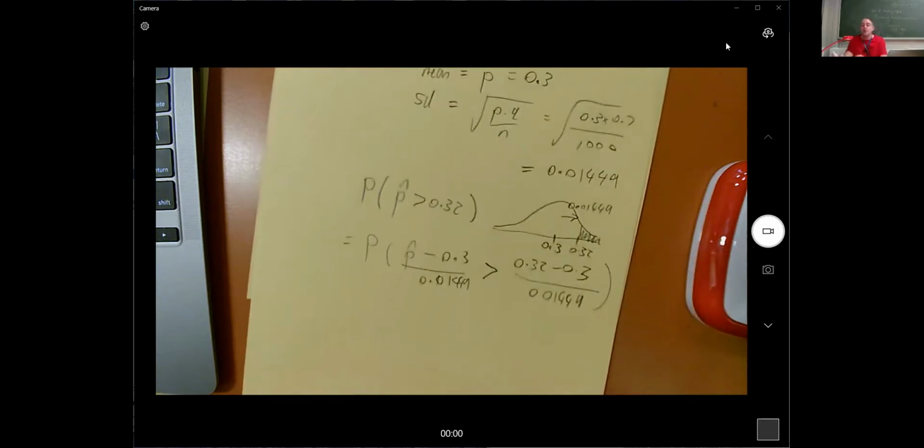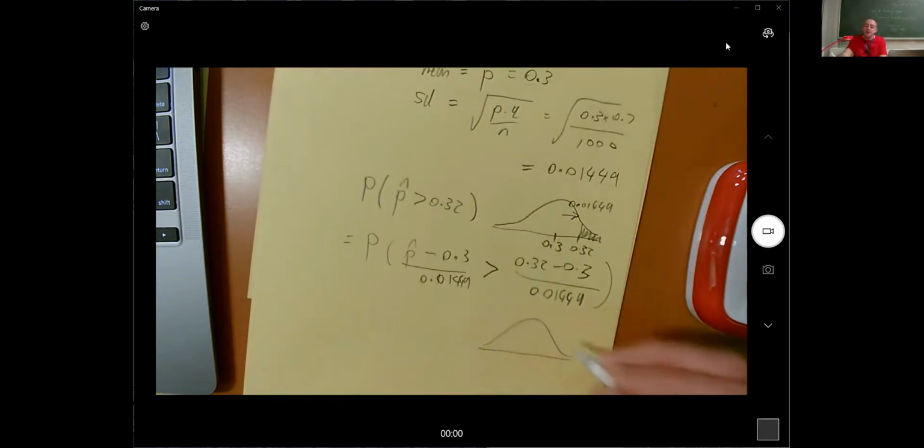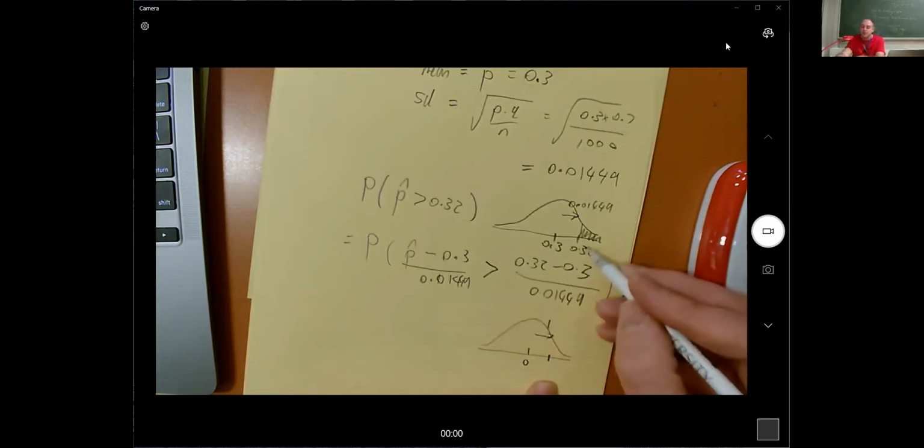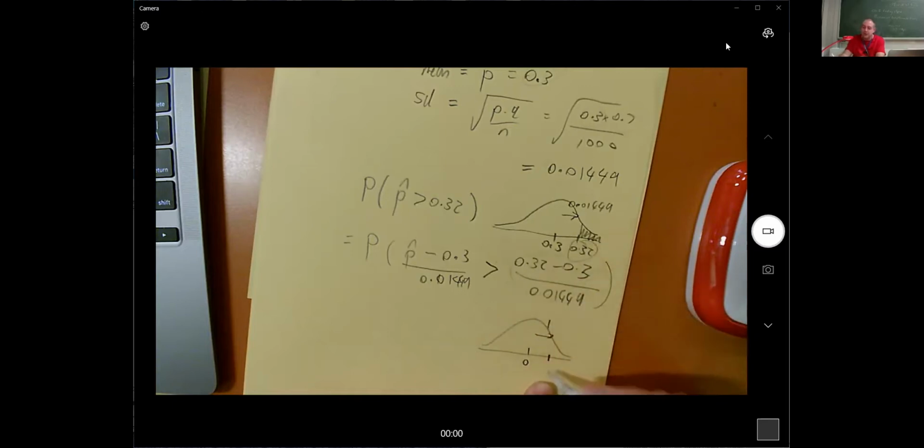But if I subtract the mean and divide by the standard deviation, now the center is 0 and this width is 1, and this number is whatever this calculation produces. 0.32 minus 0.3 divided by the answer I just got is 1.38.